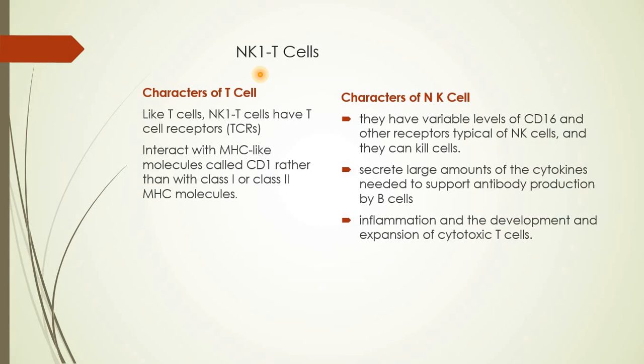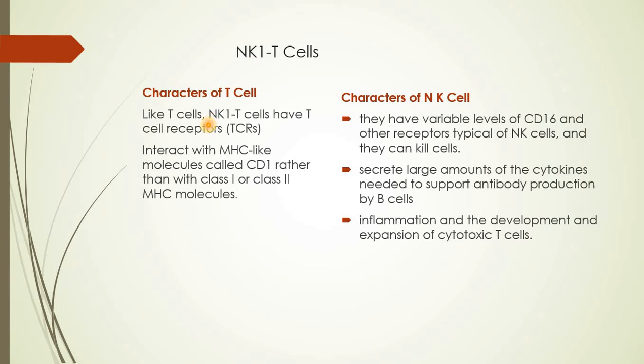There is one type of natural killer cell identified and it is called NK1 T cells. Now you may wonder why I have mentioned T cells, because NK1 has some characteristic features similar to those of T cells. Now let us see what characters are present in natural killer cells, as a result of which these cells are classified as NK1.